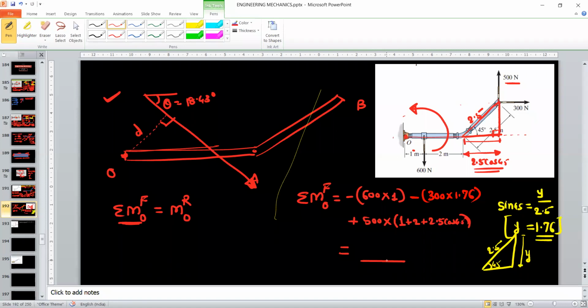Just give the answer in the chat box. You will get the answer 1255.88, and the unit will be Newton meter.